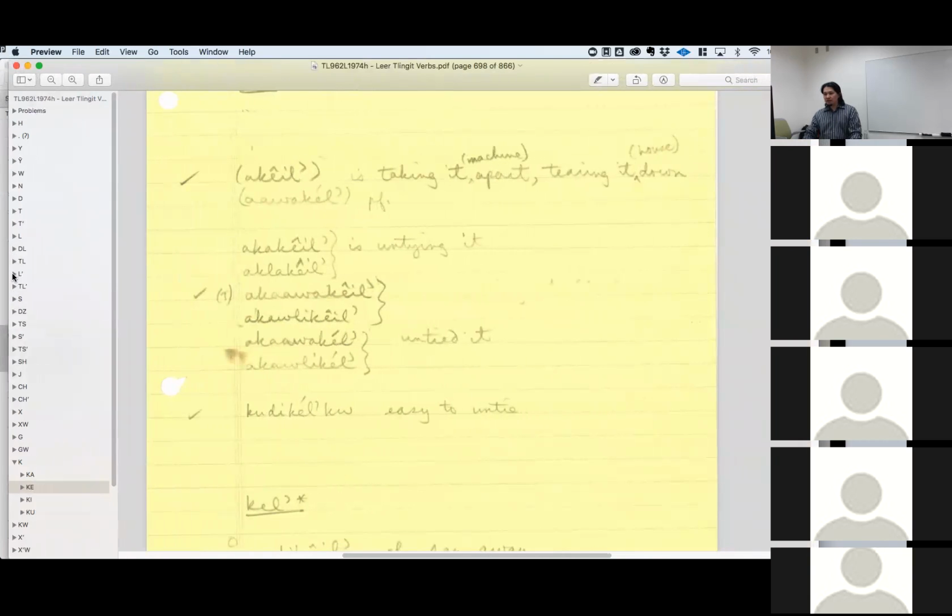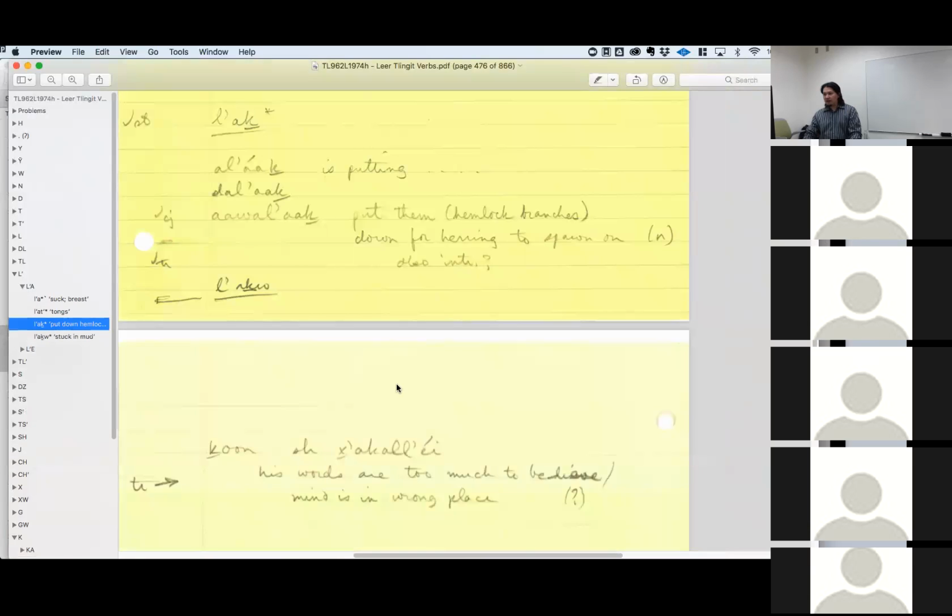So here's the L apostrophe L-A, and we get to put down. He or she is putting him down. And then he has in parentheses here N. That means it's a na conjugation class.